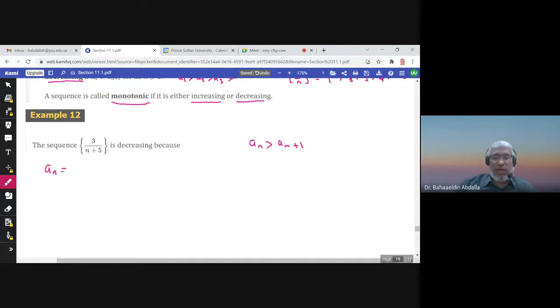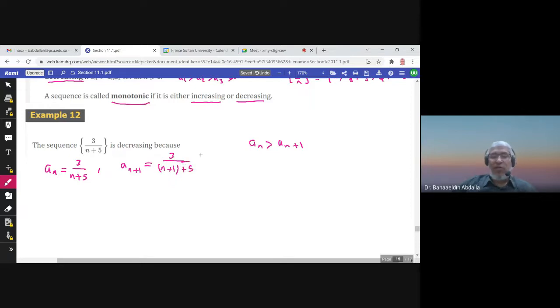What is an? Well, if this is the sequence, then an is the nth term, and it is 3 over n plus 5. Now, how to find an plus 1, the next term? Well, to find an plus 1, I replace n by n plus 1. So it would be 3 over n plus 1 plus 5.